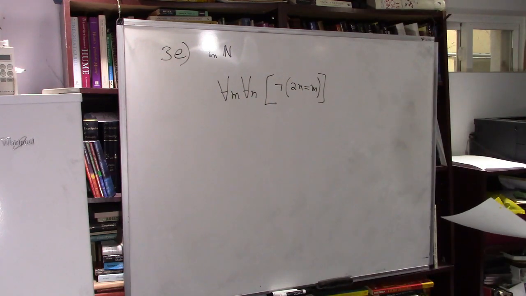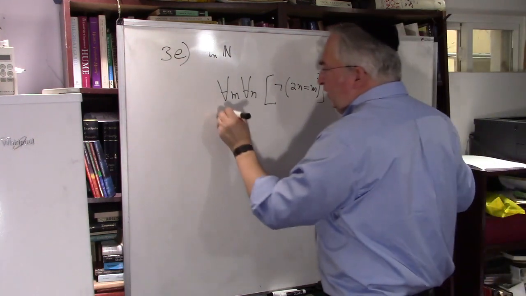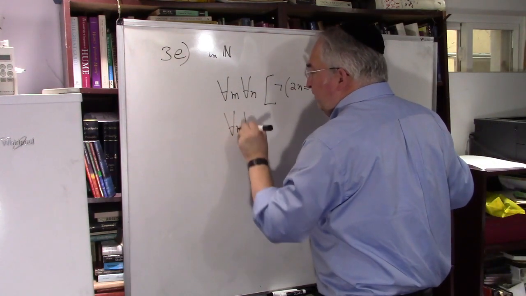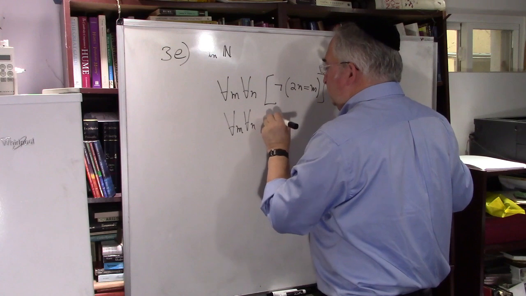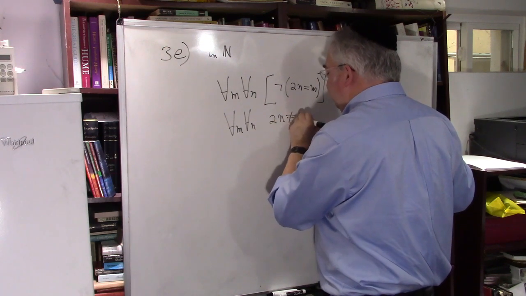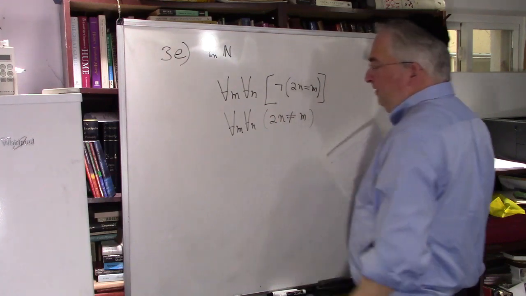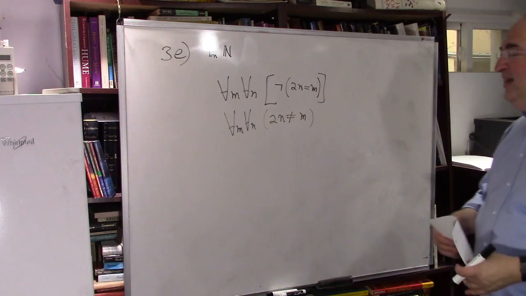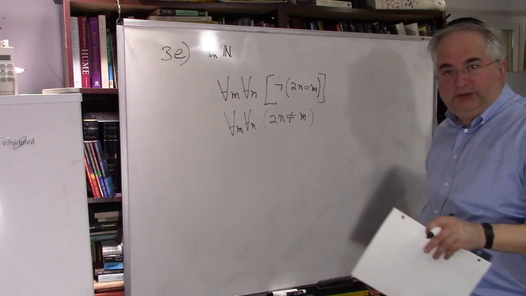Okay, I could write it another way. For all m, for all n, 2n is not equal to m. Okay? We want to know, is this true or is this false?